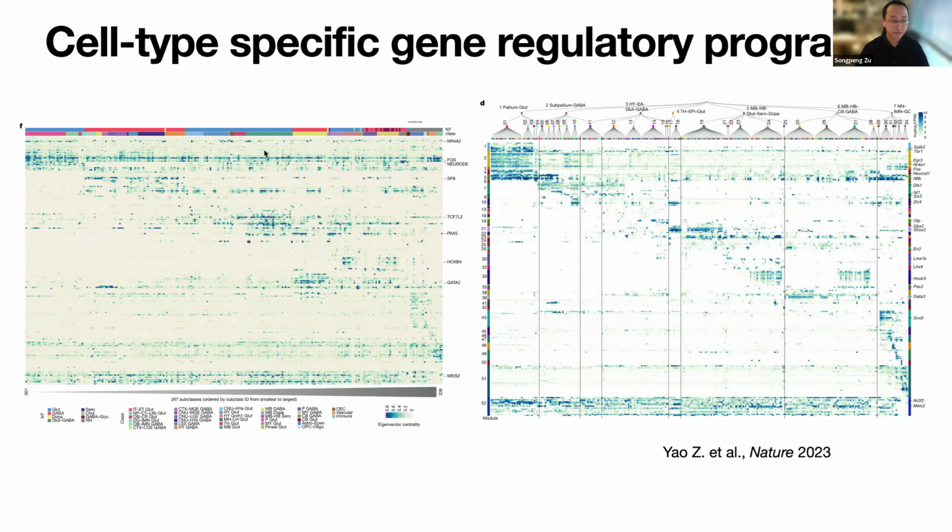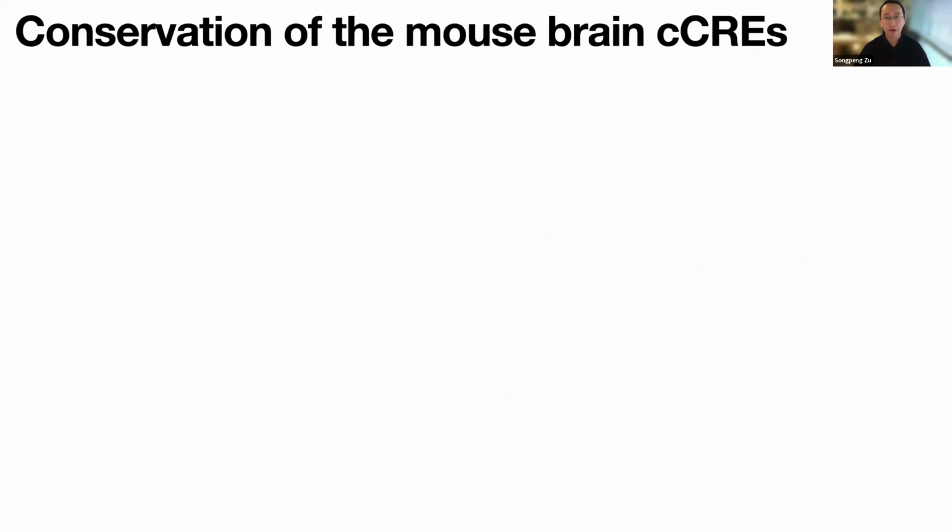But I think our advantage is that we integrate both the DNA level signals and the corresponding RNA level signals to provide a global view of these gene regulation programs in a cell type specific way. So now I've introduced how we identify the potential enhancer-gene pairs and gene regulation programs. Next, I will introduce the conservation of mouse brain cis-regulatory elements compared with the human brain.